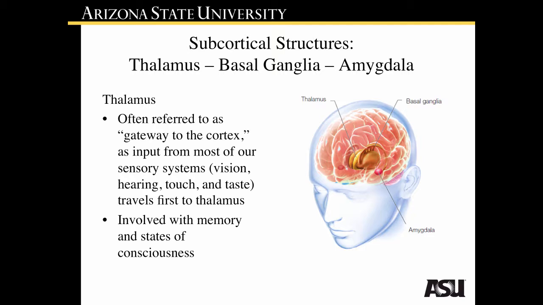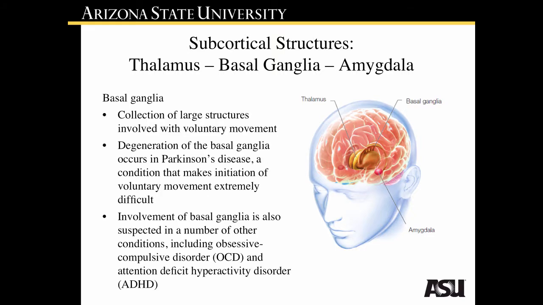And then the thalamus acts like a switchboard, in that it takes that information in and then sends it out to the appropriate places in our brain. It's also involved with memory and states of consciousness. And you can imagine why that would be if it's constantly receiving input from our various senses and making sense of it and figuring out where to send those impulses. It probably has something to do with consciousness as well.